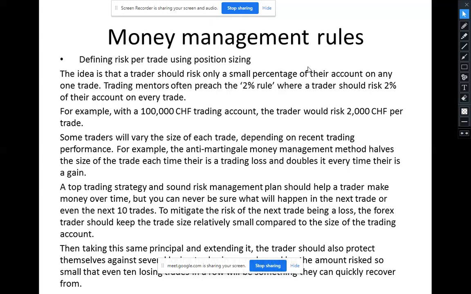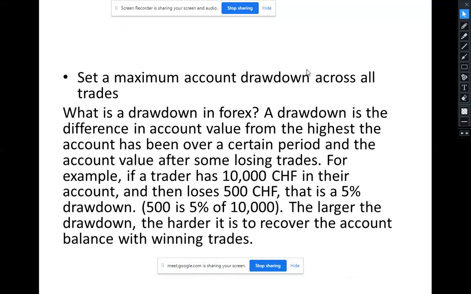Once you define it, set a maximum drawdown. If I lose 10%, if I lose 5%, will I be able to recover it in the next trade? If I lose 100%, will I be able to recover in the next trade? So set a maximum account drawdown across all your trades.